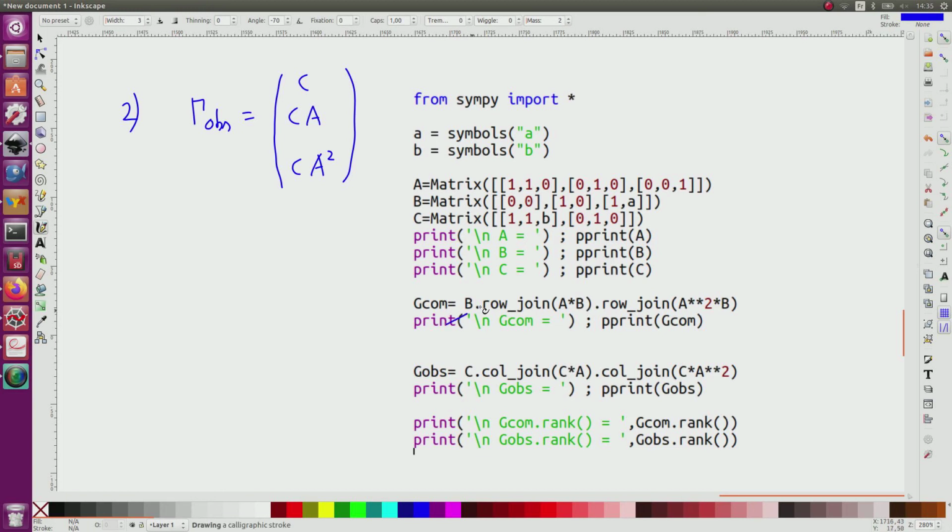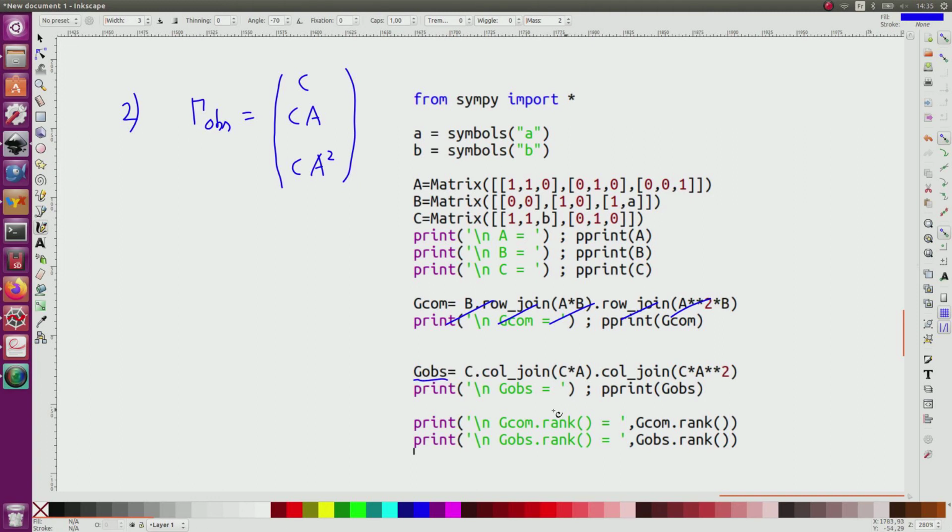Here I don't need this anymore because I am interested in the observability matrix. But I will join through the columns and not through the rows. This is why I have a column join of C, CA and CA squared, and it forms the matrix gamma obs.